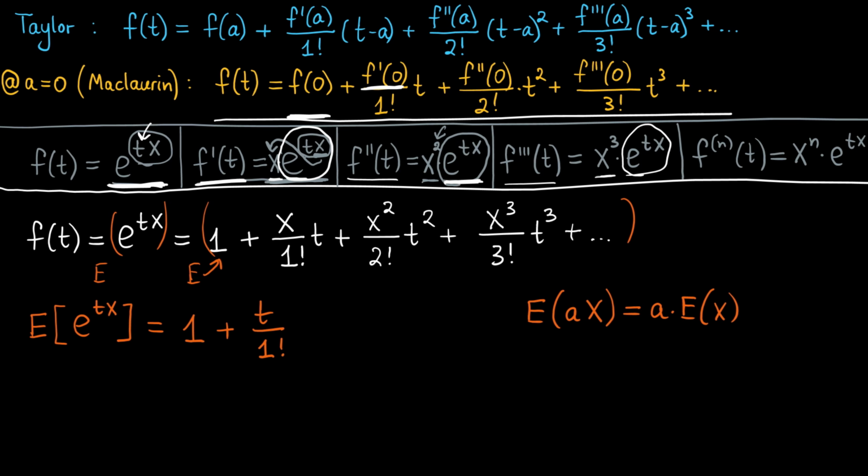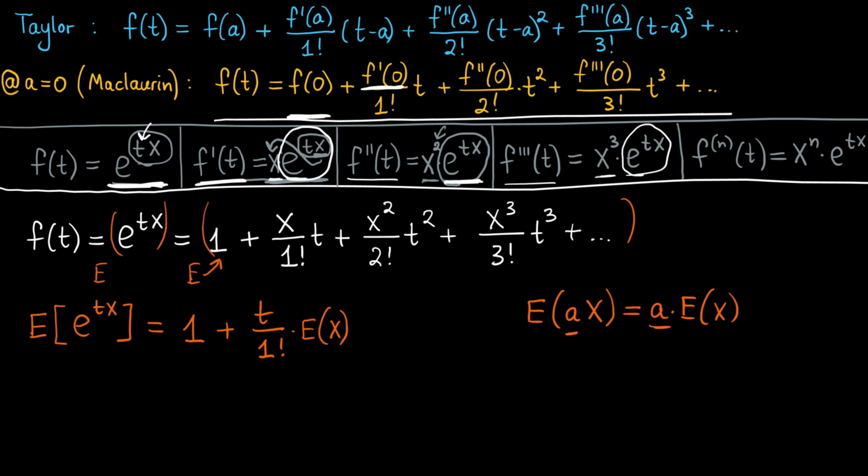T is not, there's no randomness to t. It's a parameter. We don't know its value, but it's a fixed value. There's no randomness to it. So we can treat it as a constant. So t over 1 factorial plays the role of a here. So then we're left with t over 1 factorial times the expectation of x. X is the only thing that's random here, right?